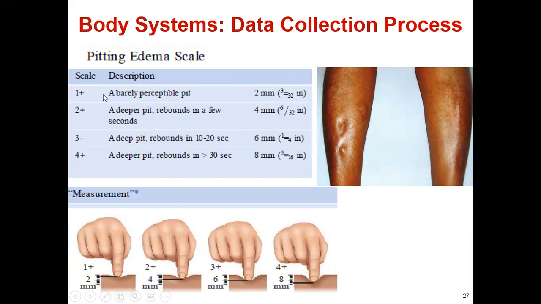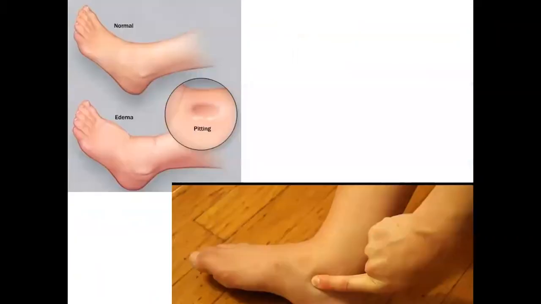1 plus means a barely perceptible pit, pitting edema is very mild. 2 plus, rebound is a few seconds, deeper pit. 3 plus, a deeper pit, rebound 10 to 20 seconds.